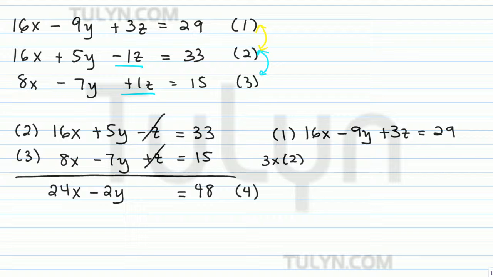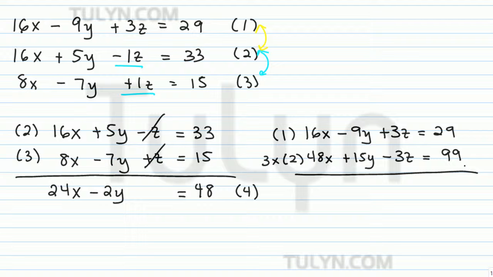So 16 multiplied by 3 is going to turn into 48x. Then 5 times 3 is going to be plus 15y. And then for the z it is going to be minus 3z, which is what we want. And finally 33 times 3 is 99.